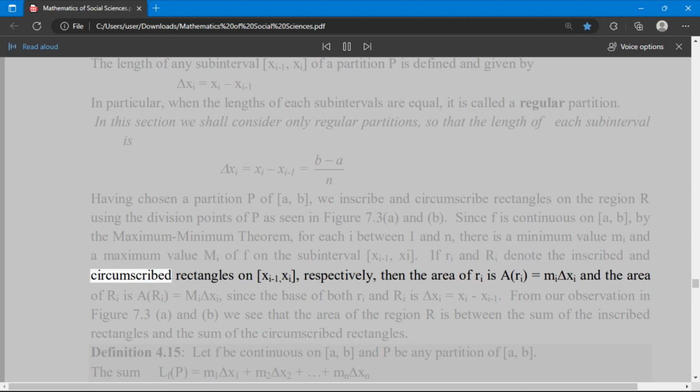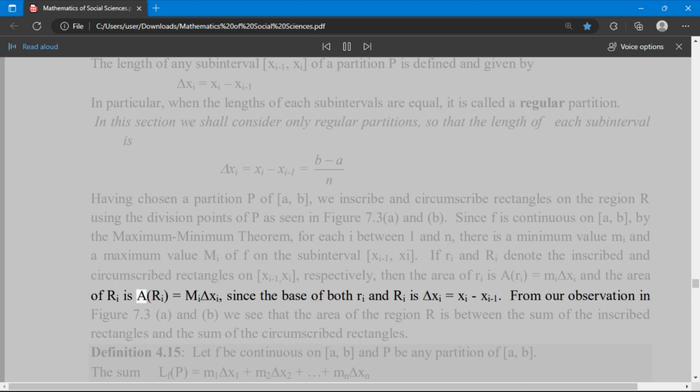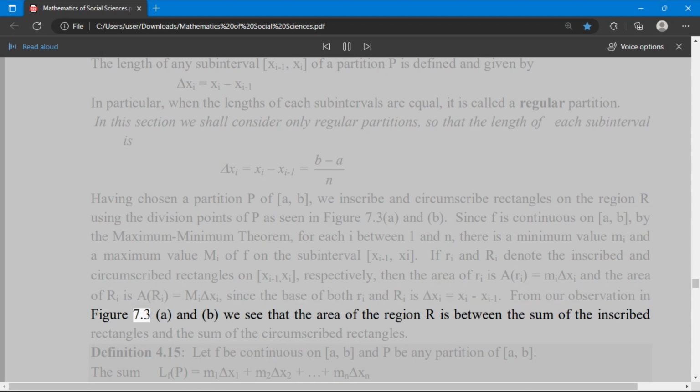If r_i and R_i denote the inscribed and circumscribed rectangles on [x_{i-1}, x_i], respectively, then the area of r_i is A(r_i) = m_iΔx_i and the area of R_i is A(R_i) = M_iΔx_i, since the base of both r_i and R_i is Δx_i = x_i − x_{i-1}.